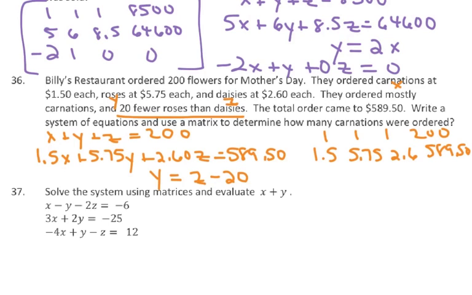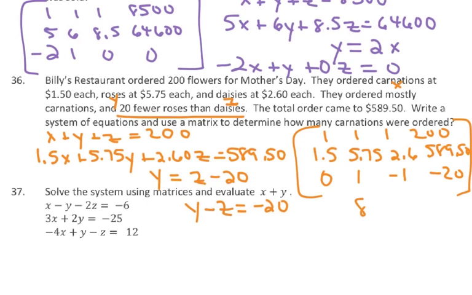I'm going to move z to the other side, so it's y minus z is equal to negative 20. There's no x, there's a y, there's a negative 1z, and the constant's negative 20. So this would be the matrix. When you solve the matrix, you should get the solution 80, 50, 70. But the problem just asked how many carnations were ordered. Since x is the number of carnations, we ordered 80.